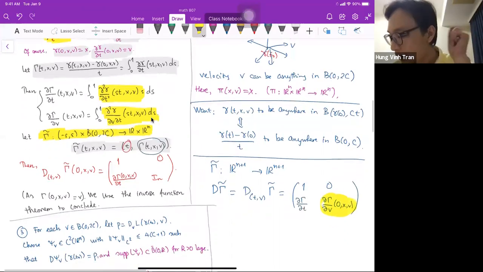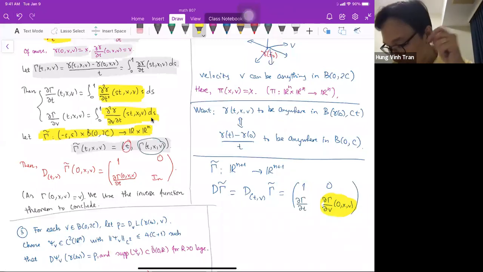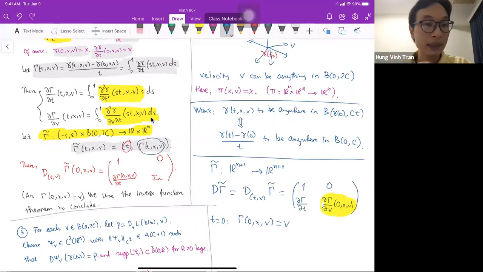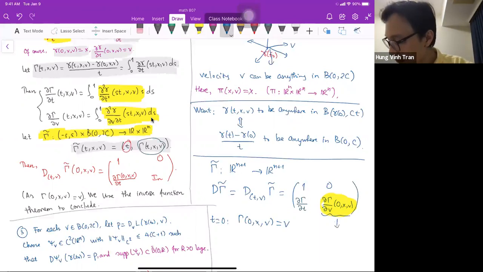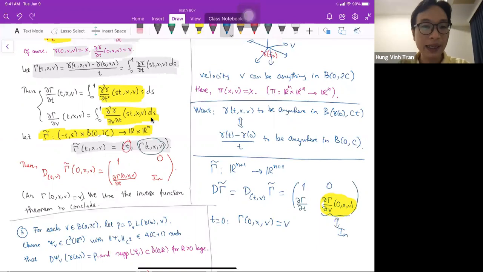But you see that when t is 0, then gamma of 0 x v is nothing but just v, right? So it's the identity. So when you find del gamma over del v, then what you get here is nothing but the identity matrix I n, the identity matrix of size n.